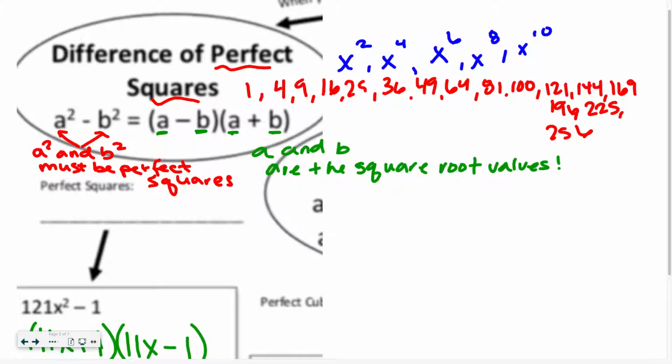I did 64x squared minus 4, just because I don't want to get into the x to the fourth. That's the sum of perfect squares? The difference of perfect squares, difference implies subtraction. The b value is the 4.